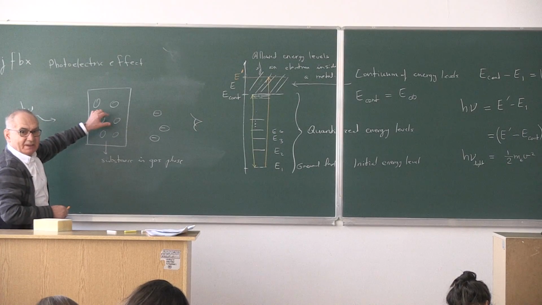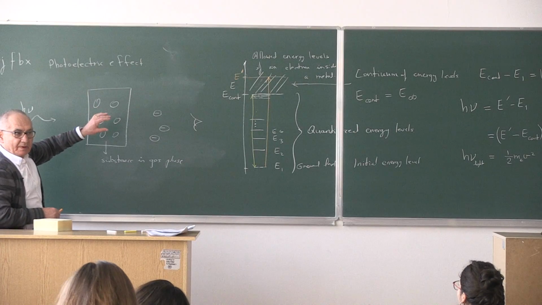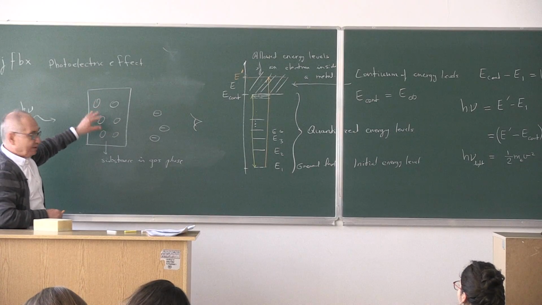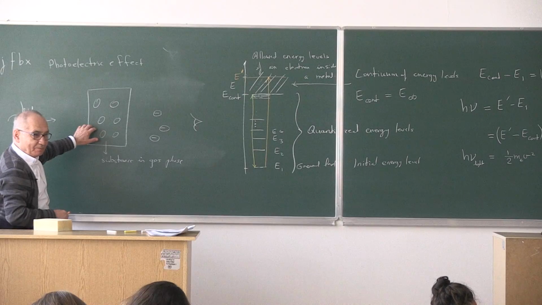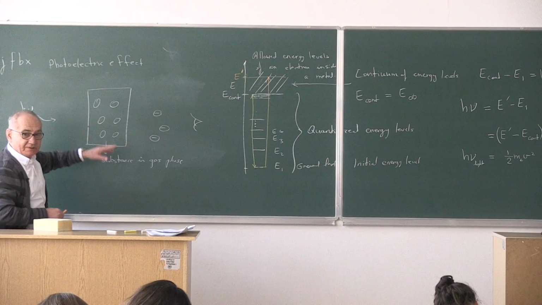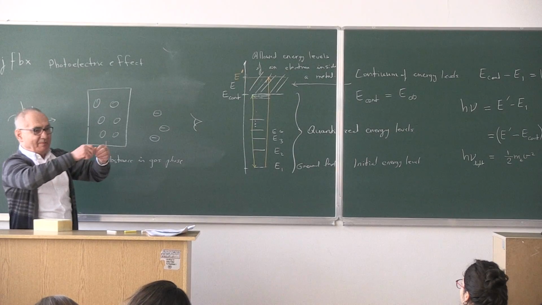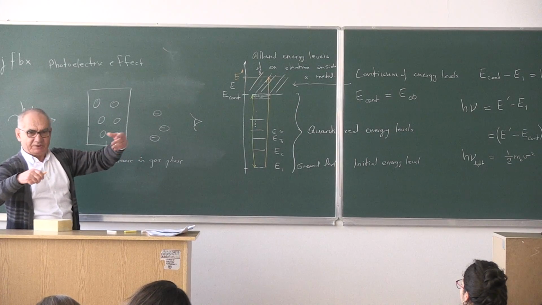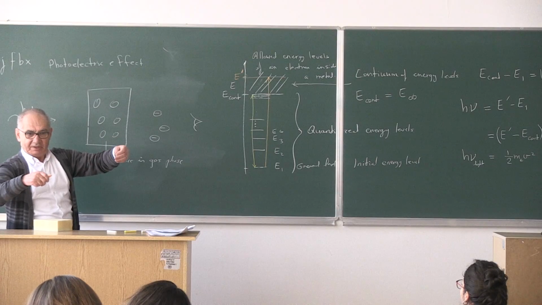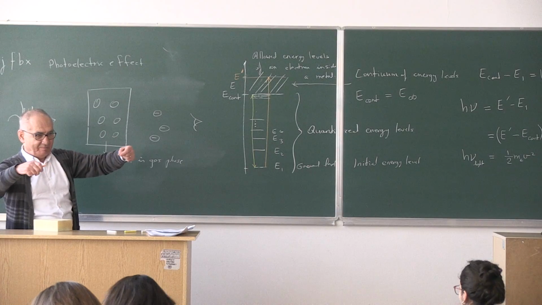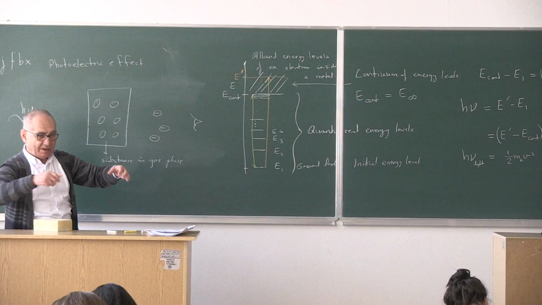The difference between the classical photoelectric effect and this type of experiment is, in the classical photoelectric effect, metal sheets are used. For instance, copper sheet, gold sheet, silver metals are used.